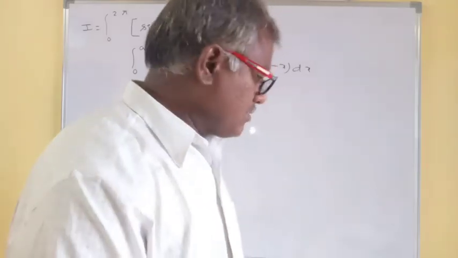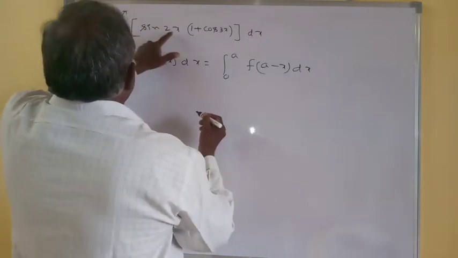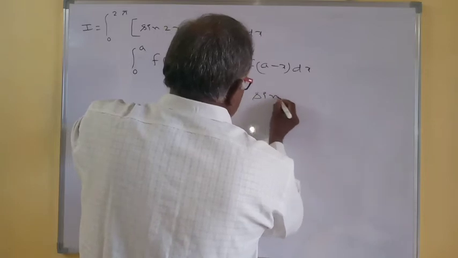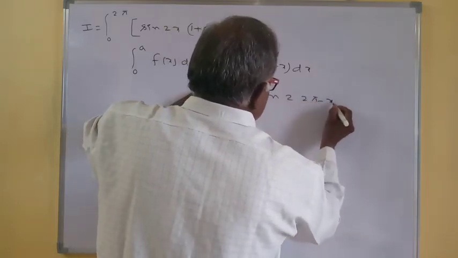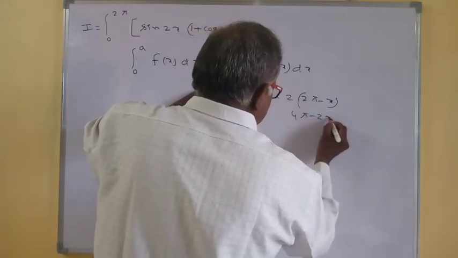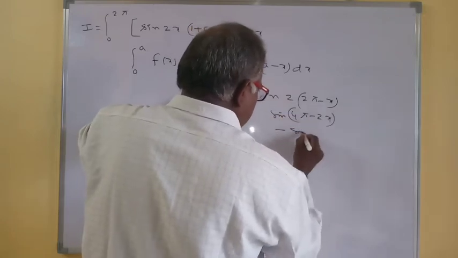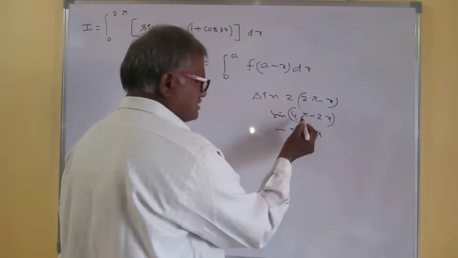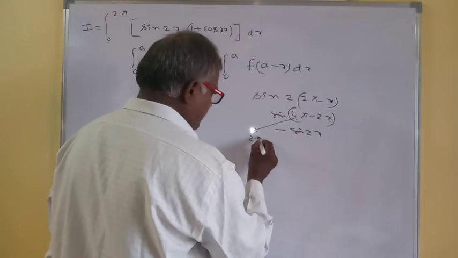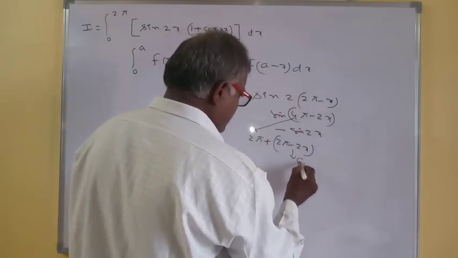If you substitute 2 pi minus x in place of x, sin of 2 into 2 pi minus x is sin of 4 pi minus 2x, which is minus sin 2x, because it lies in the fourth quadrant.